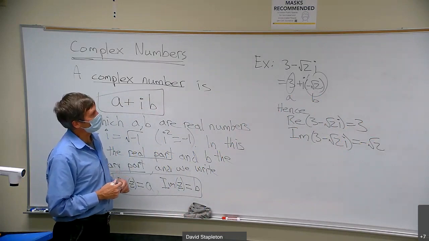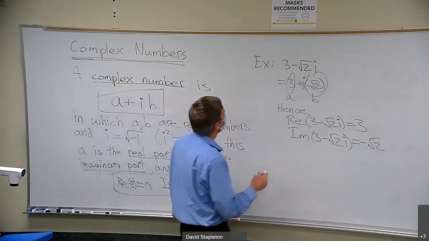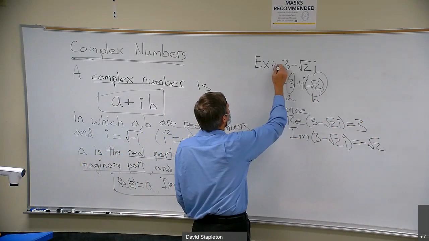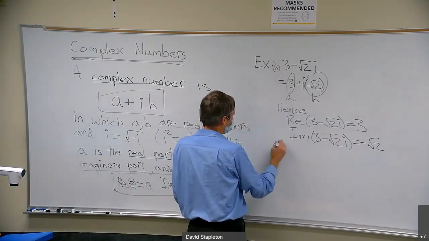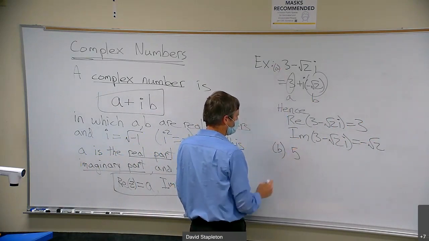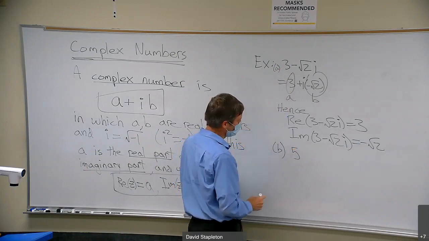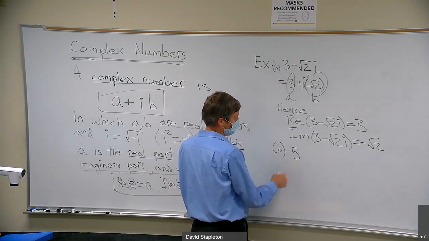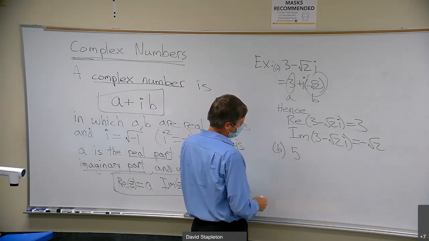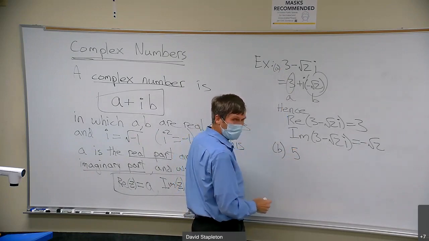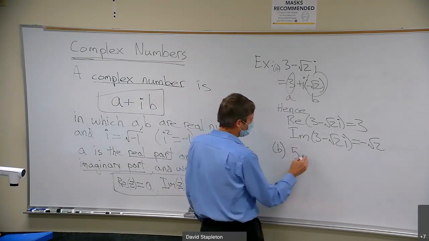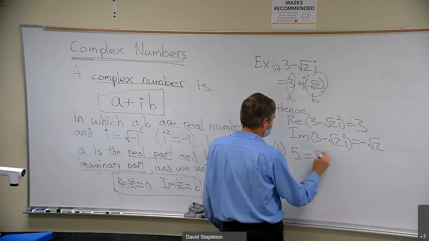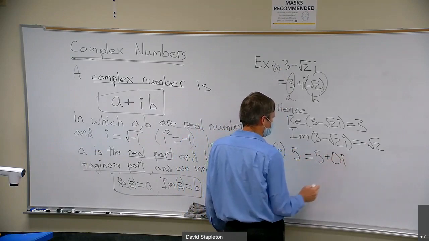Now, in special cases, we can look at a number like this, 5. 5 is actually a real number, right? Because you can write it as 5.000 in decimal form. It's also a whole number, right? But it's also a complex number, right? 5 can also be written as 5 plus 0 times i, since 0 times anything is 0.